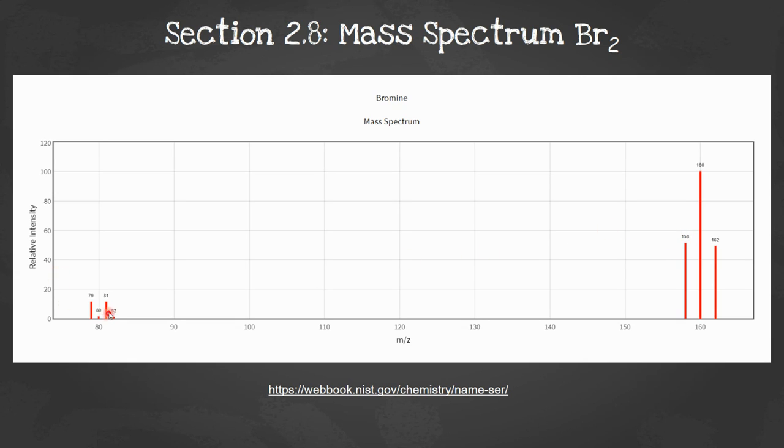That's going to be 2 of these bromine-79 isotopes put together. And then the 162 is going to be 2 of the 81 isotopes together. So these 80 and 82 are in such small amounts that we don't really see their peaks from just those 2 together, because the chances of having 2 of them bonded in one molecule would be very unlikely.